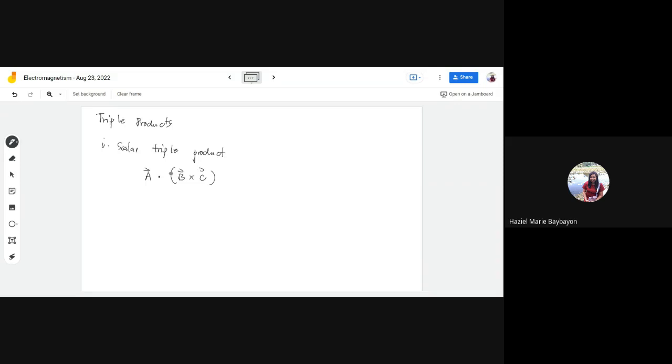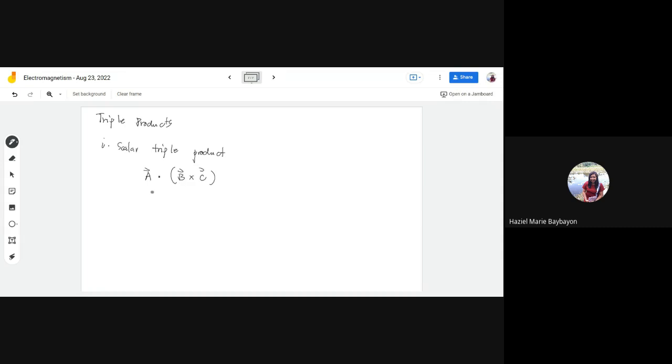Its magnitude, class, is the volume of the parallelepiped. If you remember the dot product, A dot B for two vectors, you just multiply the magnitude of A by the projection of the second vector B along A, right?